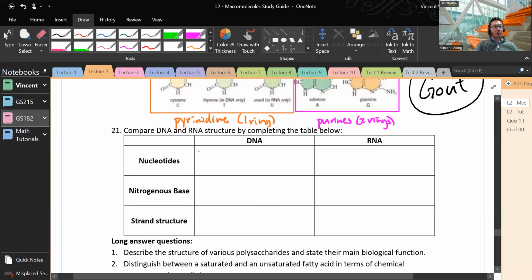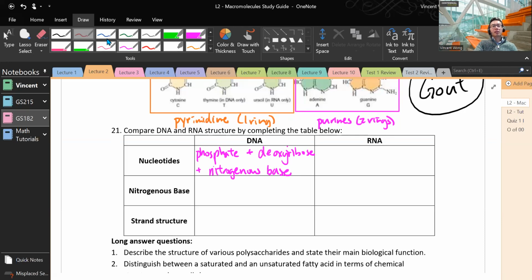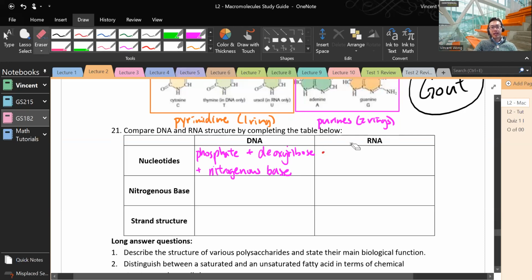Nucleotides for DNA have the phosphate plus the deoxyribose, and also a nitrogenous base. Whereas RNA is the same thing: we have the phosphate, but this time it's the ribose sugar, which has an extra oxygen, plus a nitrogenous base.